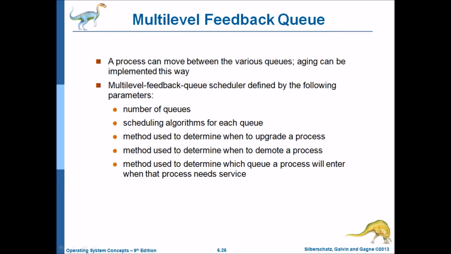So the multi-level feedback queue scheduler is defined by the following parameters: the number of queues, the scheduling algorithm for each queue, the method used to determine when to upgrade a process, the method used to determine when to demote a process, and the method used to determine which queue a process will enter when that process needs service.